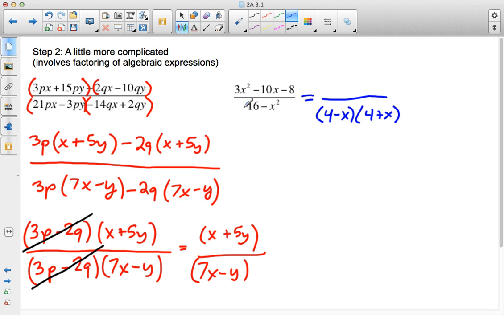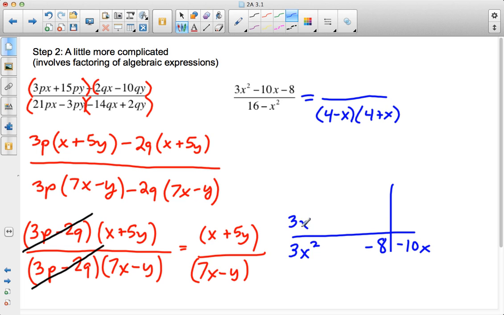Now I'm going to take a look at my numerator. 3x squared minus 10x minus 8. So here I'm going to have to use the cross method. I have 3x squared, negative 8, and I'm looking for a negative 10x.